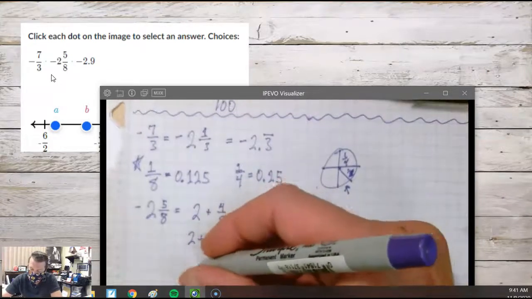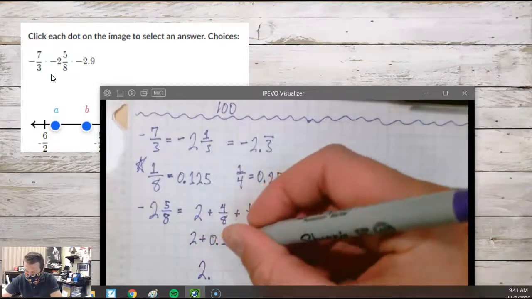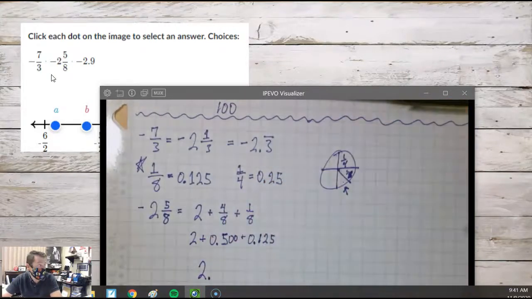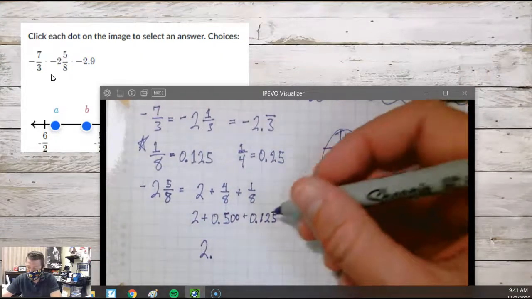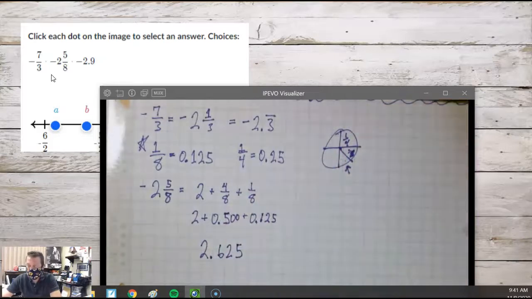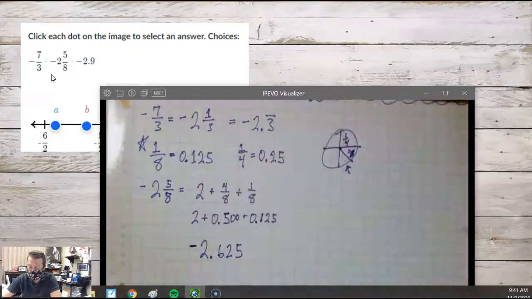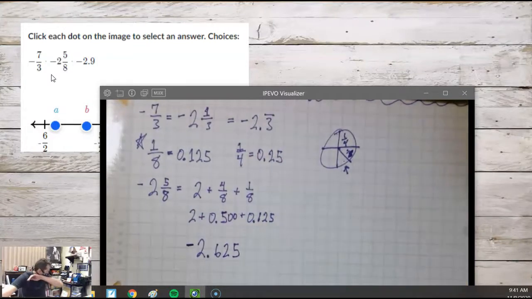But we'll add these up. I can add zeros after this, so this is really like 500 plus 125. 0.625. Make sure you bring the negative with you. And then our other number there was already in decimal form.